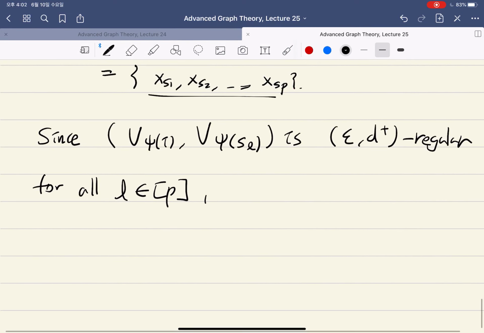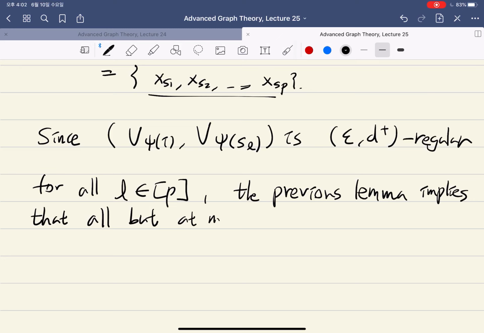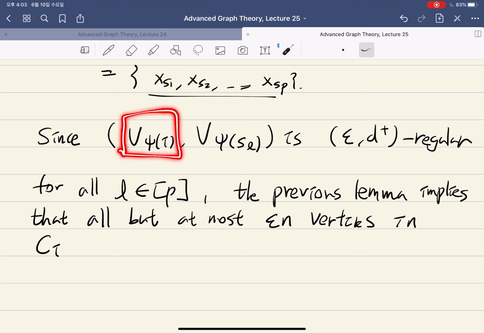So the previous lemma implies that all but at most epsilon n vertices in this set have a wrong degree.